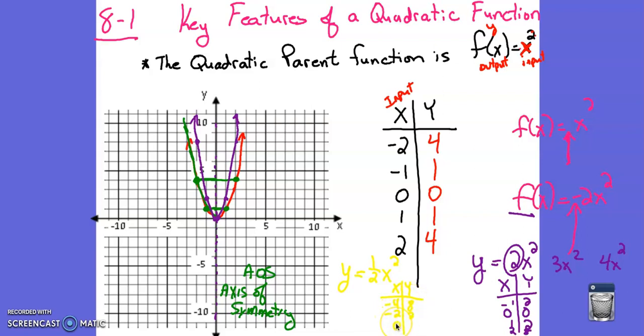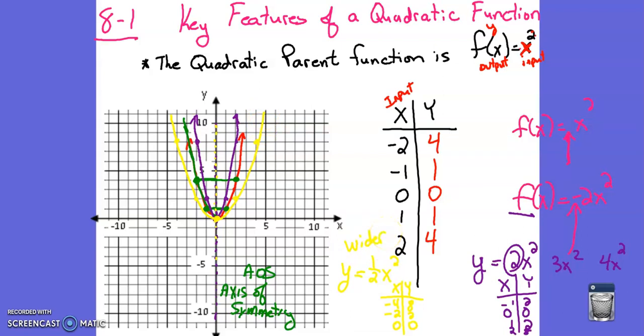If I plugged in 0, I'm going to get 0. So 0, 0 is here, -2, 2 is there, and -4, 8 is there. Remember the axis of symmetry is right in the middle, so I'm just going to reflect it: 2 spaces over, 2 spaces over, 4 spaces over, 4 spaces over. So the yellow parabola is there. Notice 1/2 actually makes it wider.